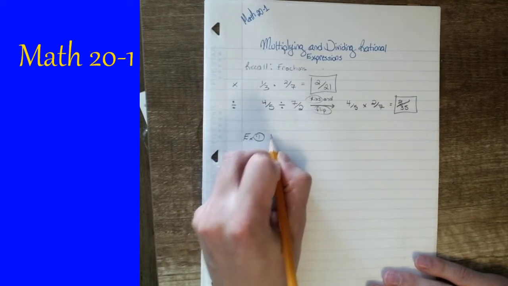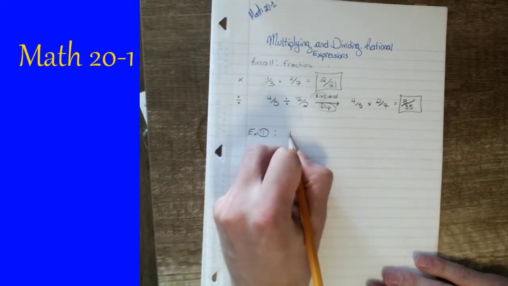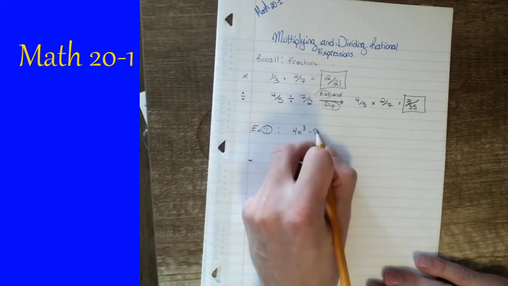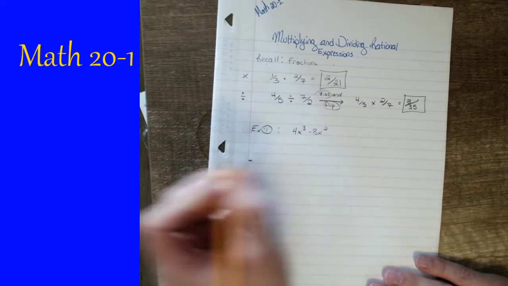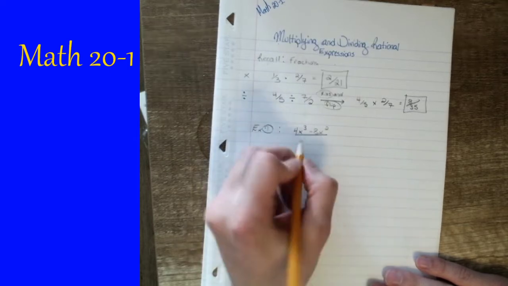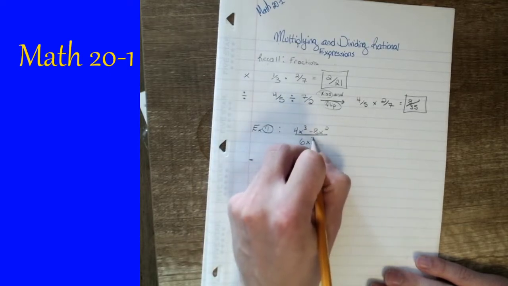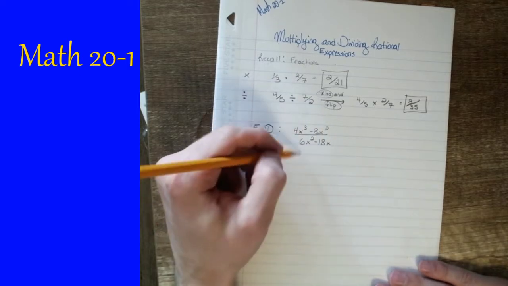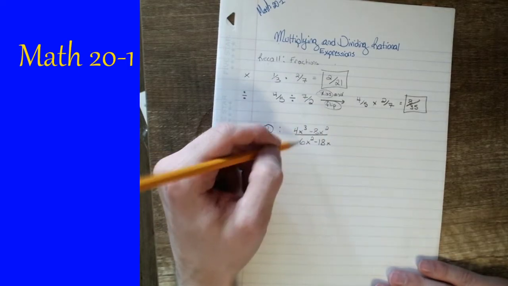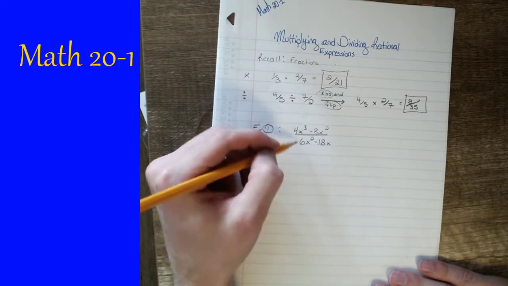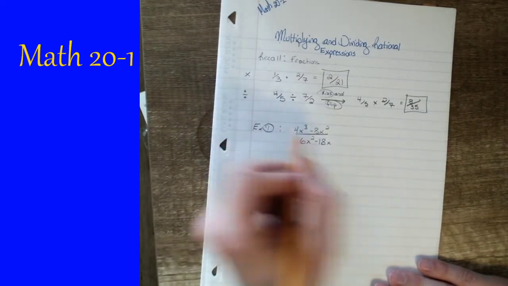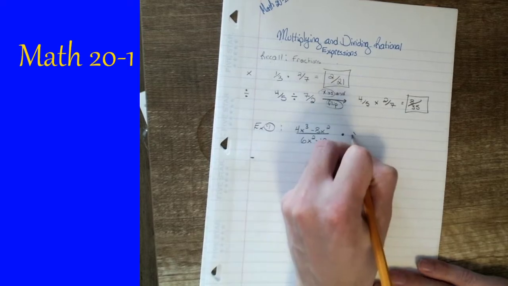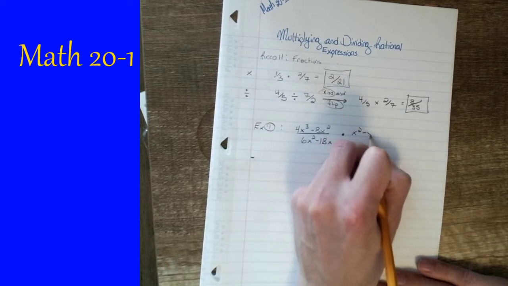So we'll start with 4x cubed minus 8x squared divided by 6x squared minus 18x. Now this is not really the division that we're talking about. We're going to take an expression like this and multiply it by another rational expression.